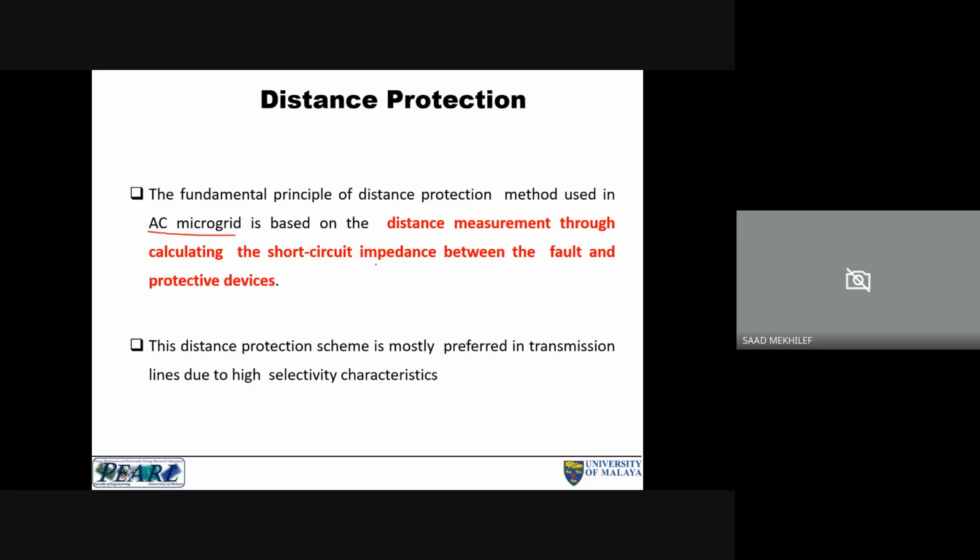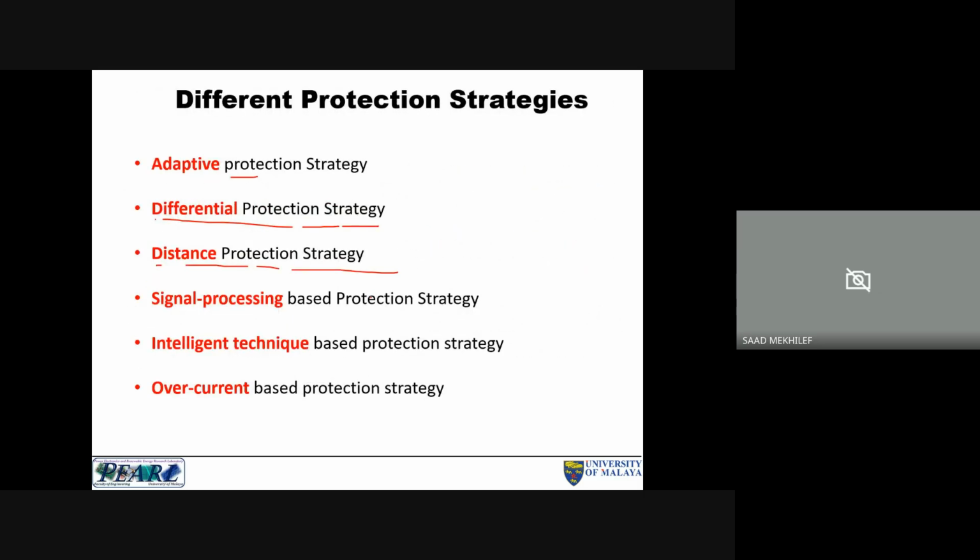Most of the time this is preferred in transmission lines, where we want to know the location of the faults. So it is heavily used, like I said just now, in transmission lines.